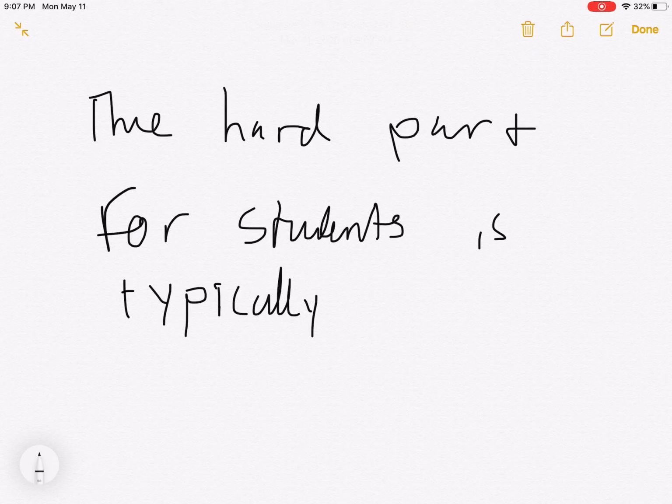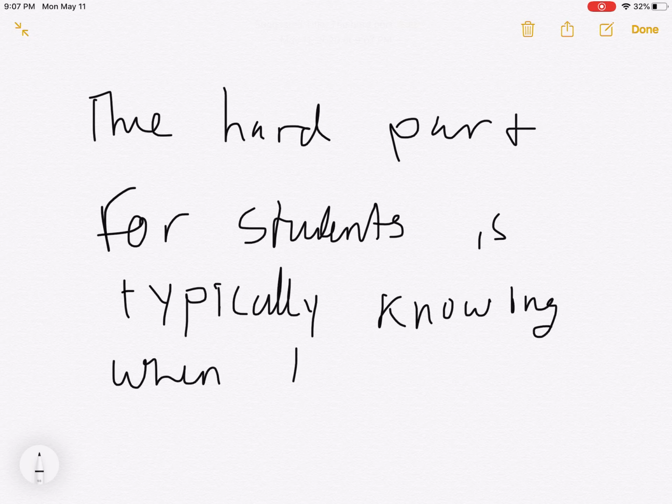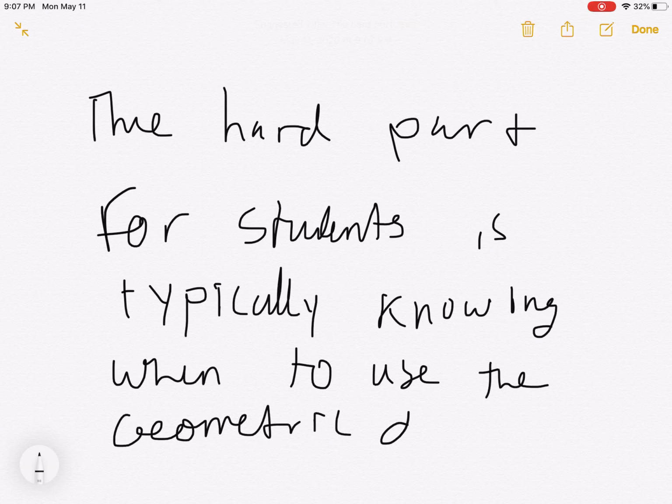So that is knowing when to use it, and I touched on this a little bit earlier. So you have to know what your random variable is. You have to be able to match the situation.